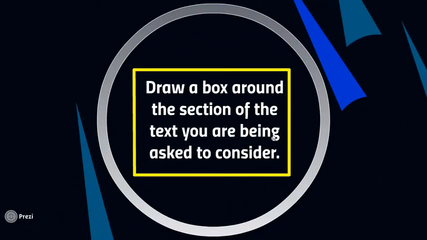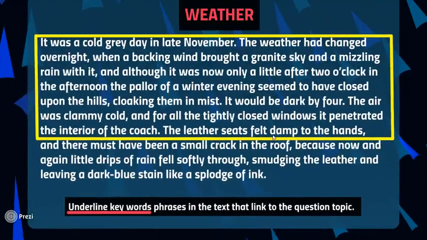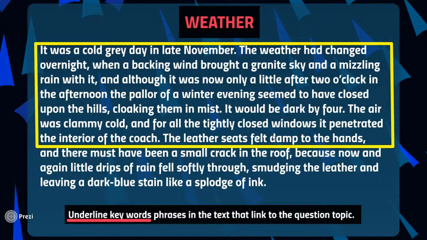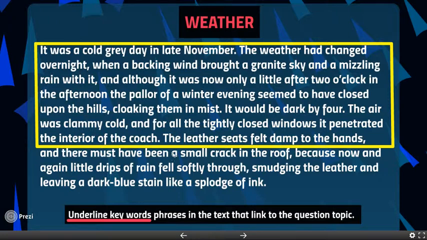So the second step after you have underlined the necessary sections within the question is to draw a box around the section of text that you're being asked to consider. So this relates to line 1 to 7. So in this case, that would apply only to this section within the yellow box. After you've done that, you might like to underline any keywords or phrases in the text that link to that question topic.